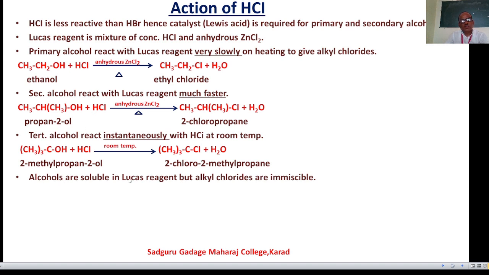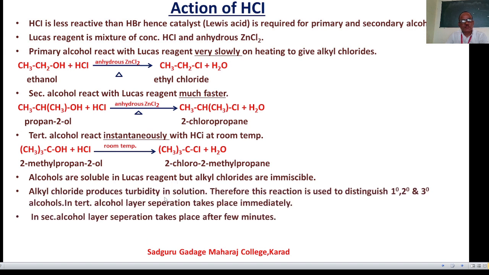Alcohols are soluble in Lucas reagent, but alkyl chlorides are immiscible. The alkyl chlorides formed are immiscible in Lucas reagent and produce turbidity in the solution. Therefore, this reaction is used to distinguish between primary, secondary and tertiary alcohols. In tertiary alcohol, layer separation takes place immediately.